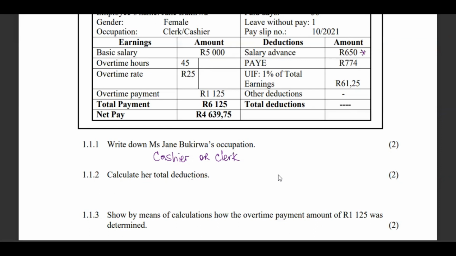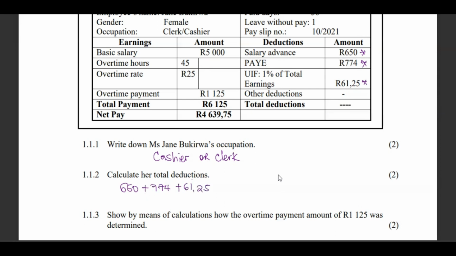So we are going to add these numbers: 650 plus 774 plus 61 rand 25 cents. What answer do we get? Because we are looking for total deductions. So we say 650 plus 774 rand plus 61 rand 25 cents.